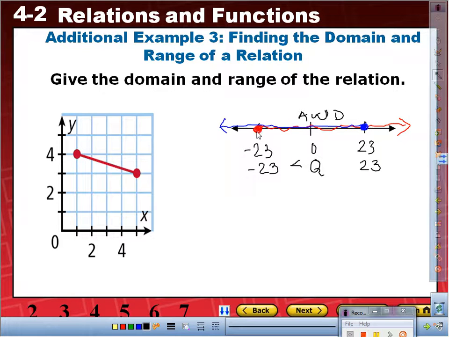Does it include negative 23? Yes. Okay. What is 0 compared to 23? Less than. Very good. 0 is less than 23. Does it include 23? Yes. So my solution set for this compound is negative 23 less than or equal to Q less than or equal to 23. Are we there?